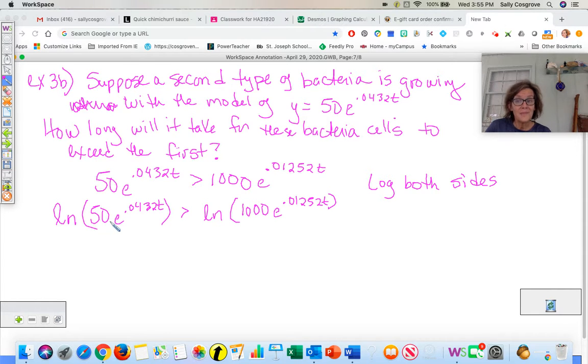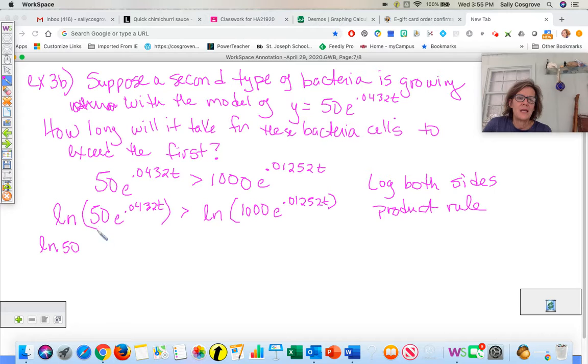50e. That's a product. So we can use the product rule and expand this. Right. So I'm going to say the natural log of 50. And remember, the product rule says the log of a product is the same as the sum of the log of the factors.